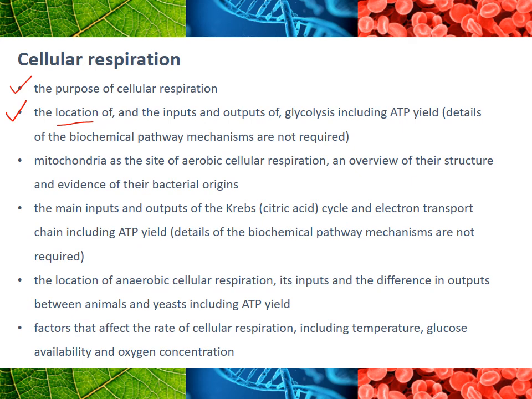We've looked at the structure of mitochondria as the site of aerobic respiration. And remember, we looked at the bacterial origins, so the things like their own DNA and ribosomes, and the double membranes and their size. Then we've also looked at the inputs and outputs of the Krebs cycle and the electron transport chain. So they were our second two steps of aerobic respiration, including the ATP yield. So we get the 2 ATP in Krebs cycle and 32 to 34 in the electron transport chain.